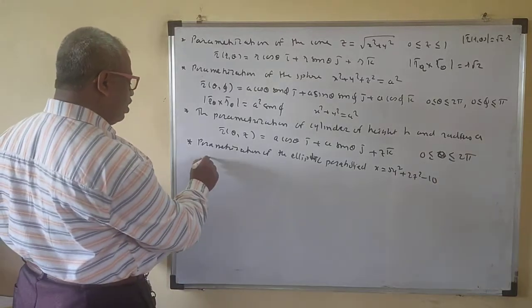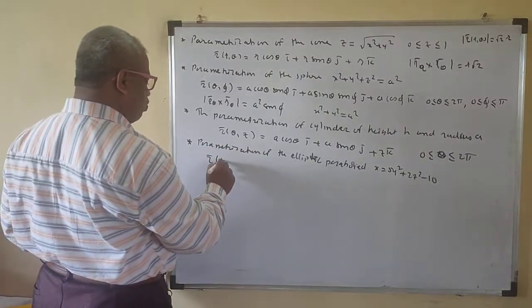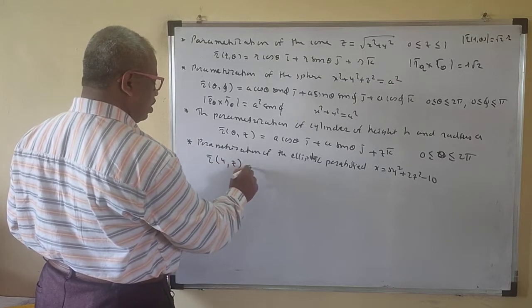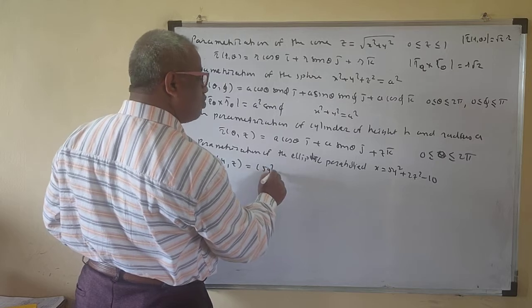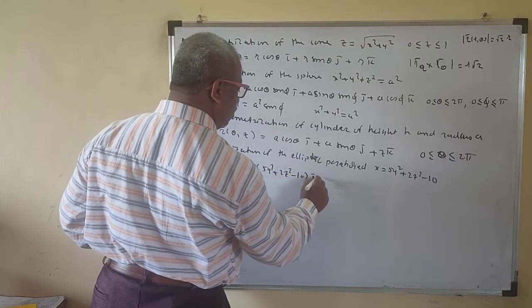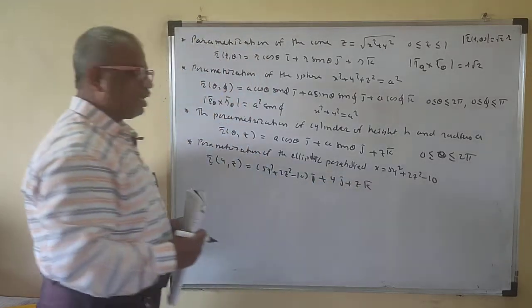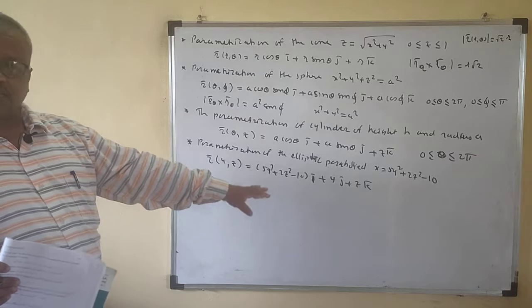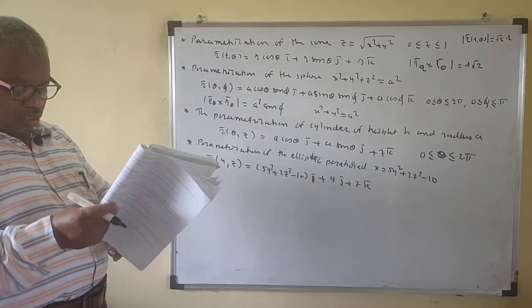Here x is already in terms of y and z, so r bar of y, z is (5y square plus 2z square minus 10) i bar plus y j bar plus z k bar. These are the parametric equations, because this is converted into 2 variables now, 3 variables converted into 2 variables.